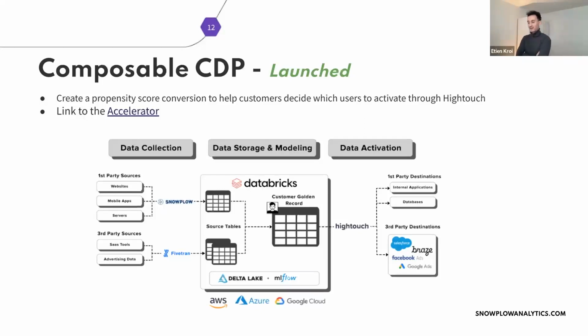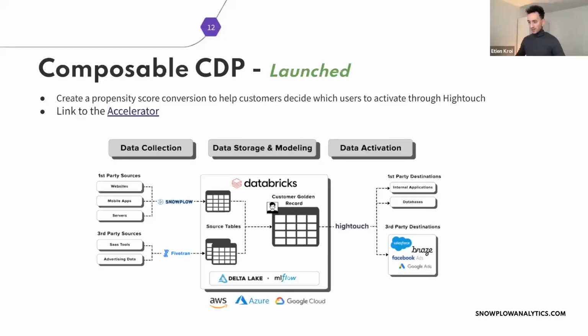And then within Databricks, the DBT tool as well as machine learning kicks in, where it can create a propensity score conversion to help customers decide which users to activate through high touch, in regards to what type of users we need to target for certain marketing campaigns, and to get better results in terms of conversions and whatnot. Again, this was an example that I use, but there are many more.